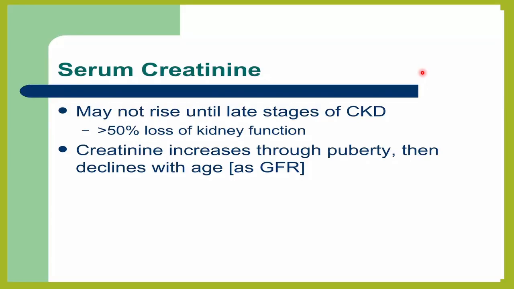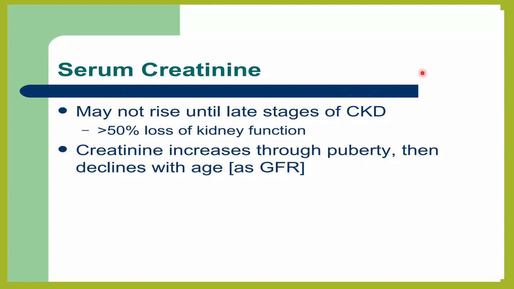So let us now concentrate on this creatinine clearance test. So now you all know that serum creatinine, as we have discussed in our previous videos, may not rise until late stages of chronic kidney disease.